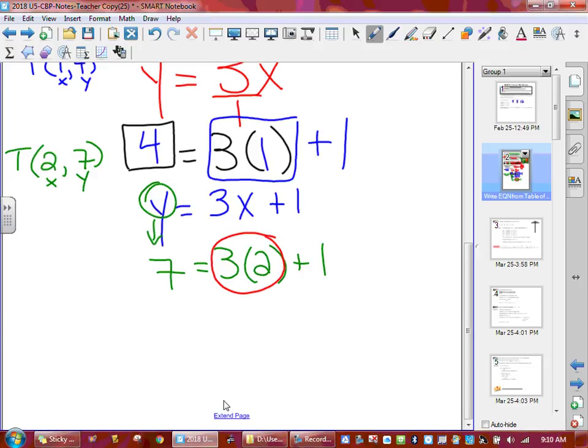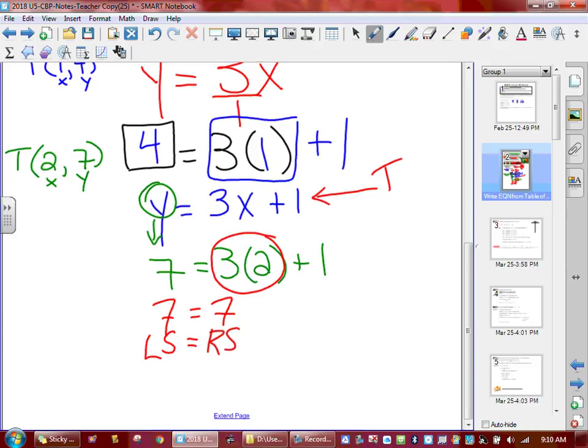Multiplying goes before adding. So 3 times 2 is 6, plus 1 is 7. So you get 7 equals 7. When your left side equals the right side, you know that this is the true equation. You did it correctly. That is the true equation. Okay? So that's what we figured out.